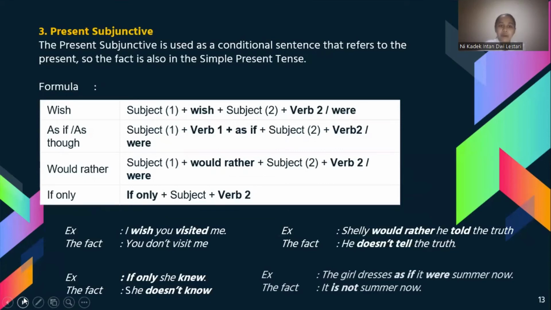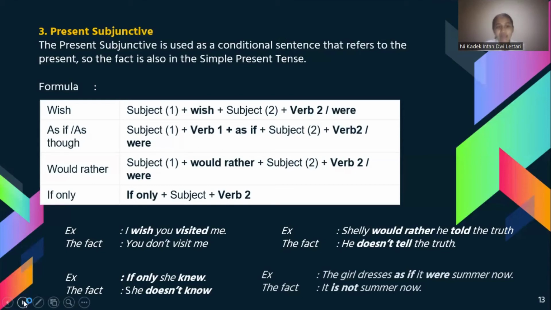If you use the word wish, the formula is subject plus wish plus subject two plus verb 2 or were. And then if you use the words as if or as though, the formula is subject plus verb 1 plus as if plus subject two plus verb 2 or were.